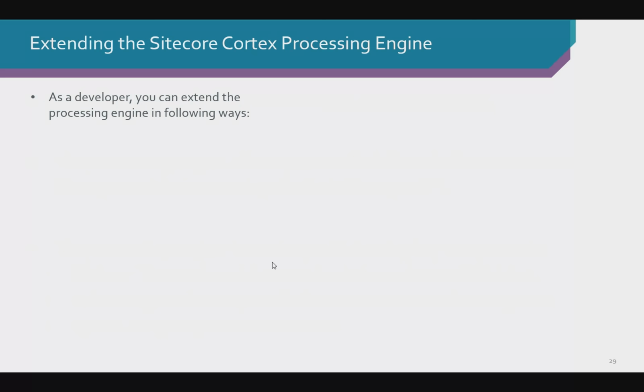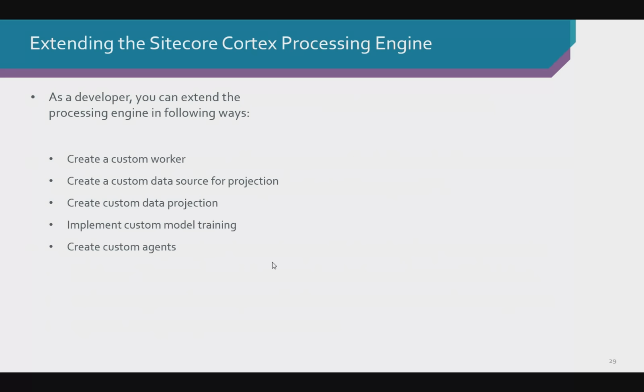you can extend processing engine in the following ways. You can create a custom worker. You can create a custom data source for projection. You can create a custom data projection. A data projection actually means that you formulate the data or rationalize the data so that it is acceptable for machine learning algorithms.